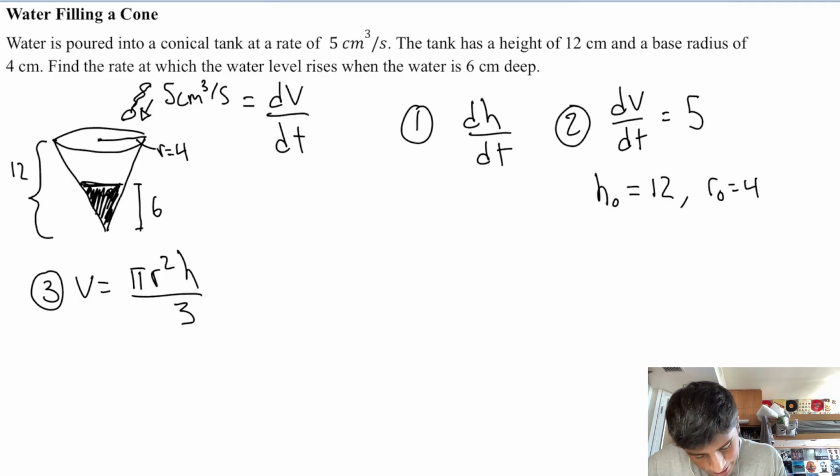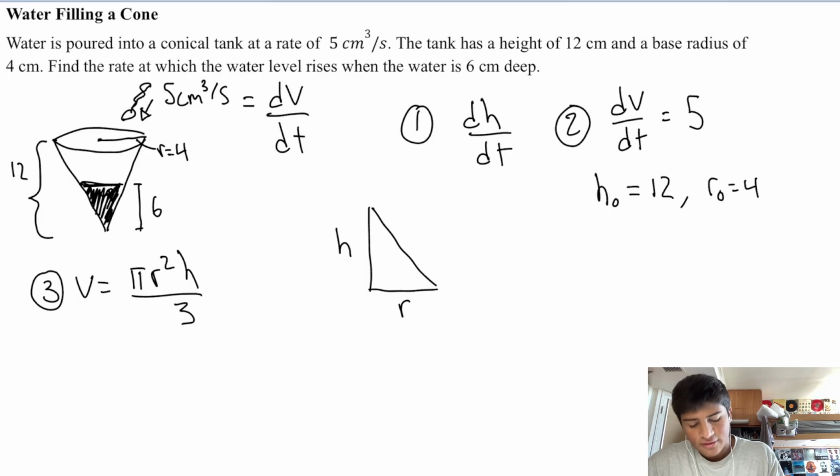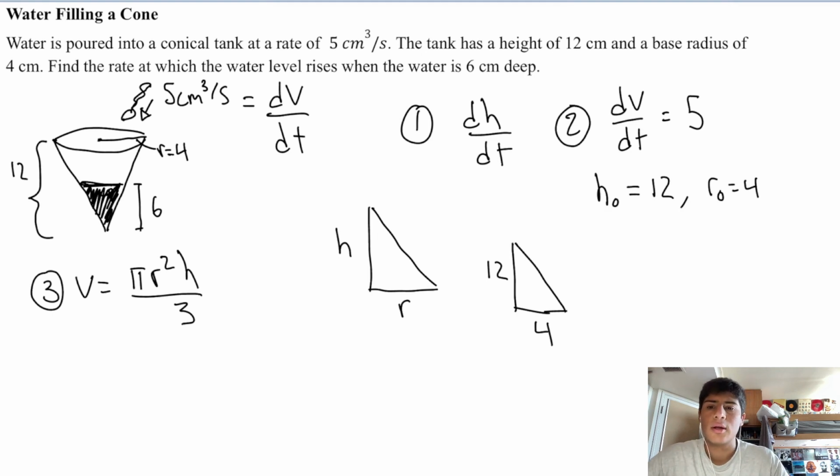Okay, let's think about this like a triangle. Our h, then we have our r, then we have this number. But let's not worry about our hypotenuse. Let's think about how h is changing with respect to r. So h is 12 and r is 4, and that's going to be our big cone, that triangle.